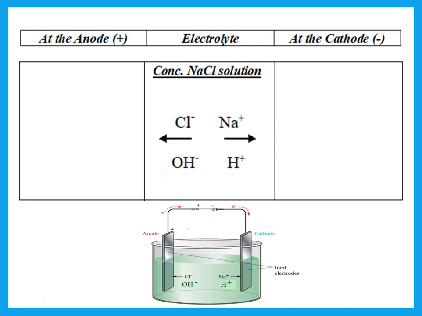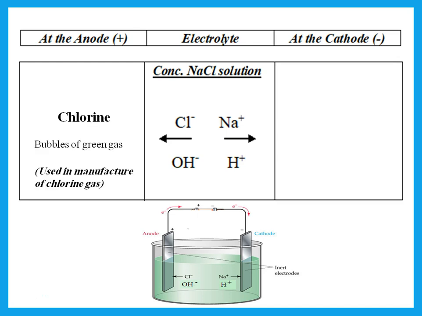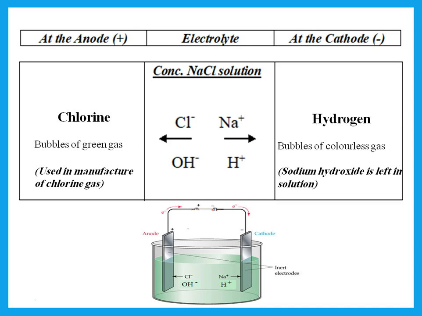This is concentrated, so I have a lot of chloride, so this is the one that reacts. On the other electrode, we have a choice between Na+ and H+, and you have to remember, the one that is lower in the reactivity series is the one that reacts in electrolysis. So which one is lower in the reactivity series? The H+, it's the one that reacts, not the Na+.